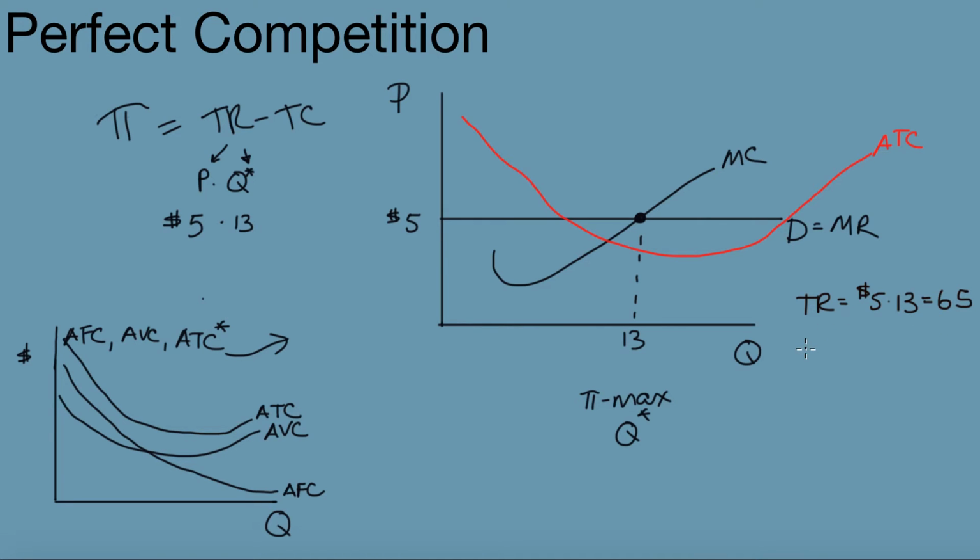At 13 units, let's see where that average cost curve intersects. It's definitely below $5. Maybe we'll say that this intersects at $4, $3.50. Let's say $3.50.